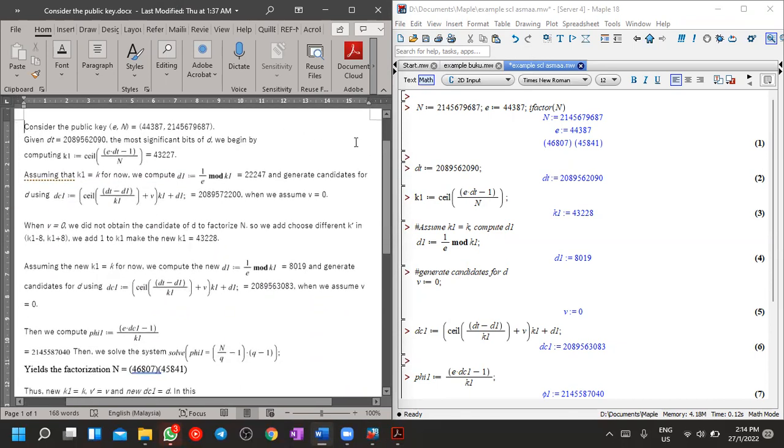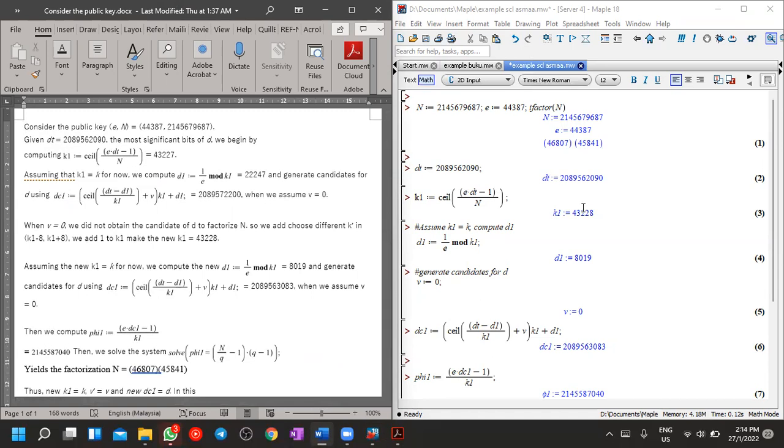Firstly, we consider the public key E, N. I choose E as 44387 and N as 2145679687. We were given dt, which is this.